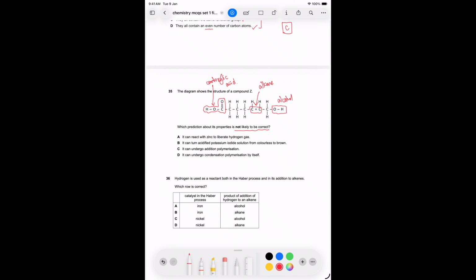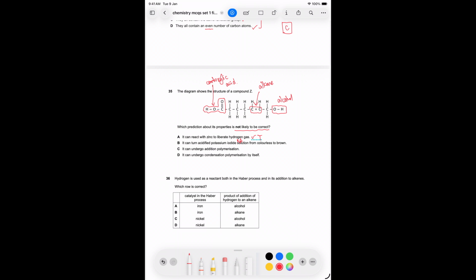Okay, so let's look at option A. It can react with zinc to give out hydrogen gas. That is true, because of the carboxylic acid. It's like a weak acid, you can still react with your metal to give you hydrogen gas. So it's true. It can turn acidified potassium iodide, which is your famous reducing agent, from colorless to brown.